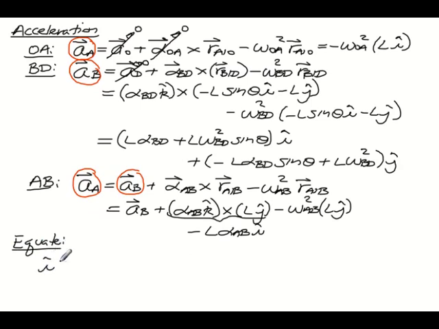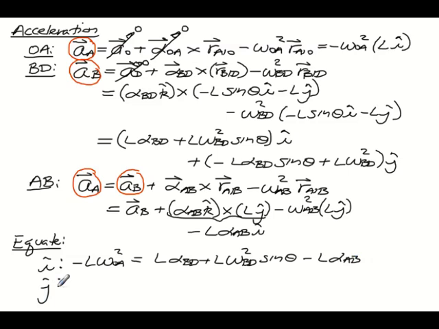And so in front of i, what I'm going to get on the left-hand side, it's a minus L omega OA squared. On the right-hand side from BD, I get an L alpha BD plus L omega BD squared sine theta. And then from the last part here, I get a minus L alpha AB from our AB equation.